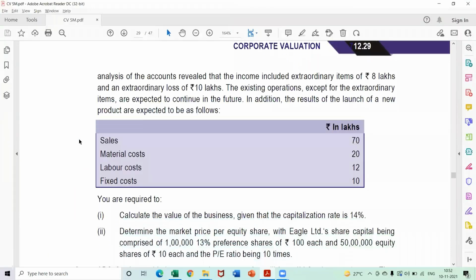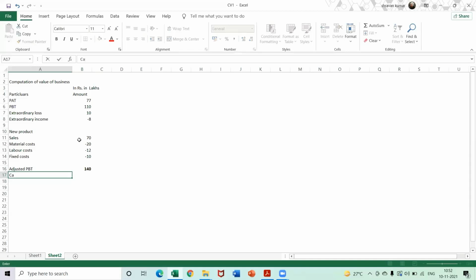Now, what is the capitalization rate? So adjusted PAT is equal to this into 1 minus 0.3, right?